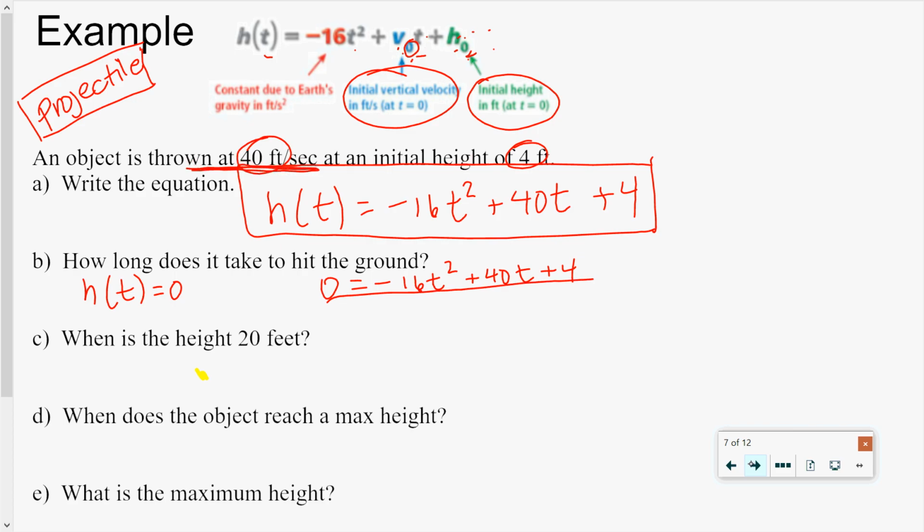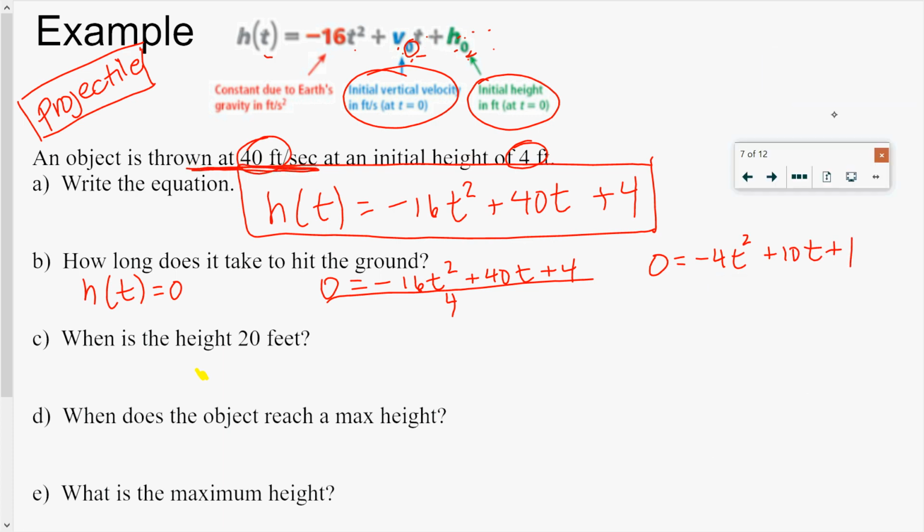So I'm getting 0 equals negative 4t squared plus 10t plus 1. I'll give you a hint. That one is usually not factorable. So use quadratic formula. Cody, what's ABC?